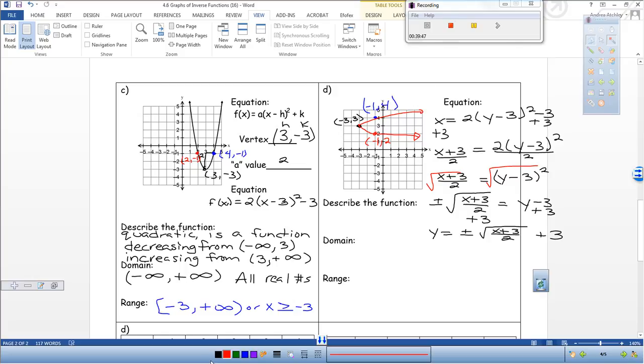Okay, so once again, describing it, quadratic. Is it a function? Not a function, nope.